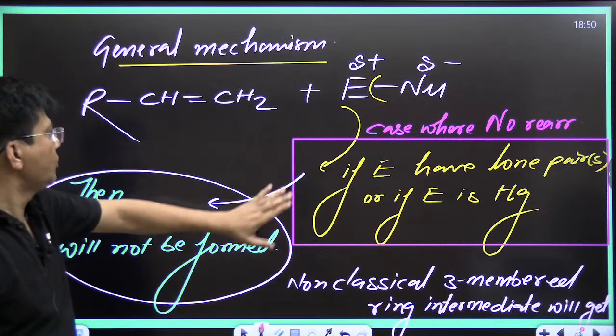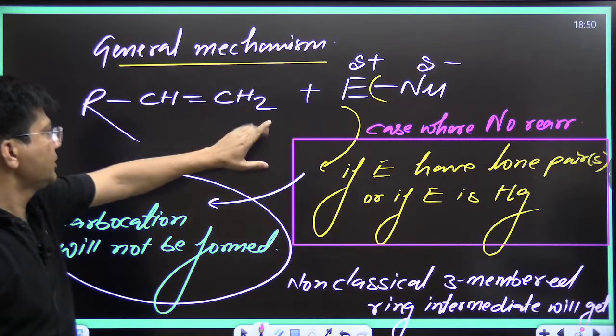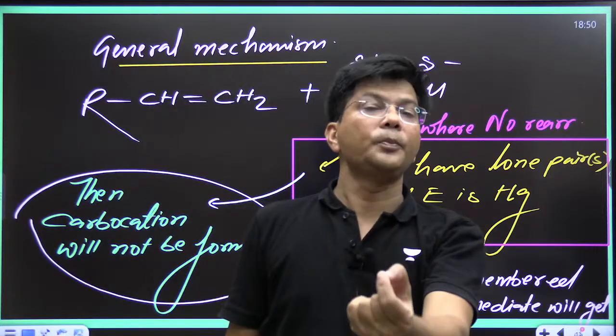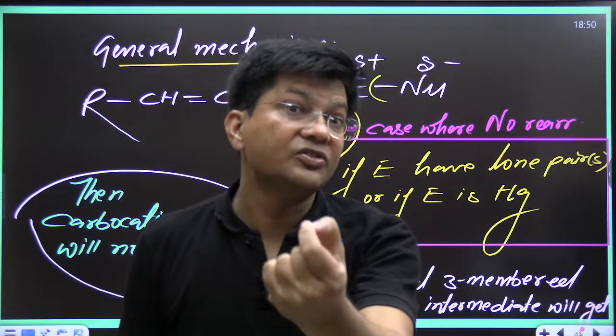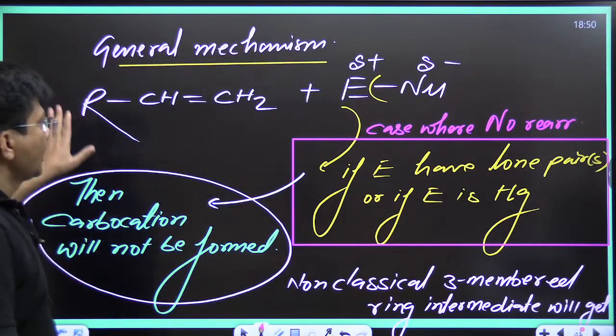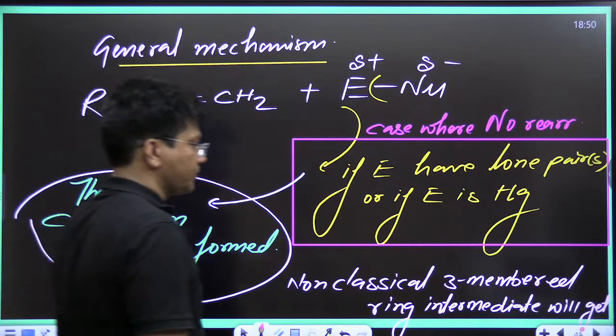This is the case where no rearrangement is going to take place if this E has at least one lone pair or the E is mercury, my dear students. Remember that.